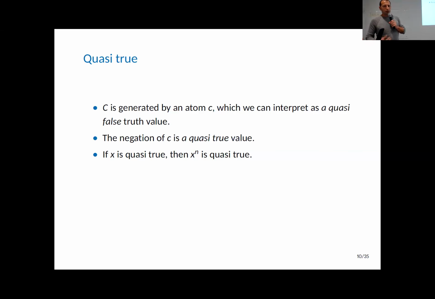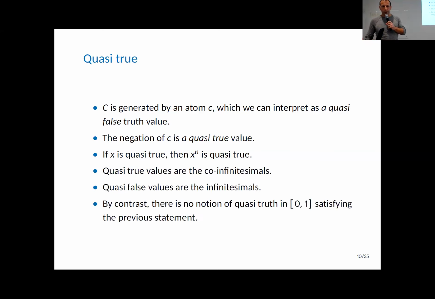And if x is quasi-true, then x to the power n is quasi-true as well. By contrast, if we take an MV algebra L, which was given earlier, and which is generating the variety of MV algebras, there is no truth value that will satisfy these statements.